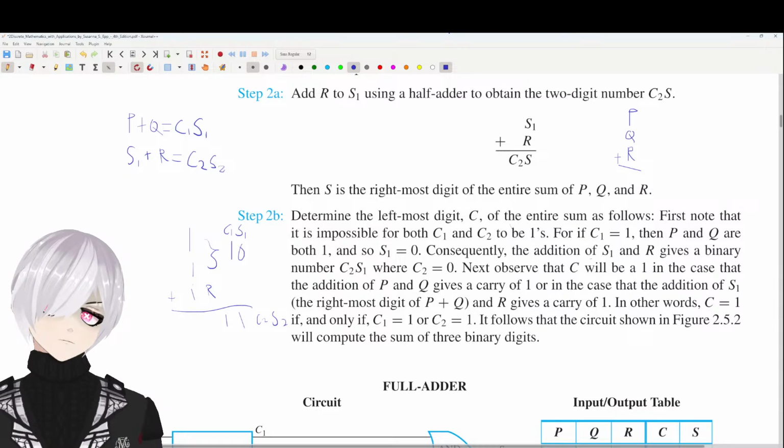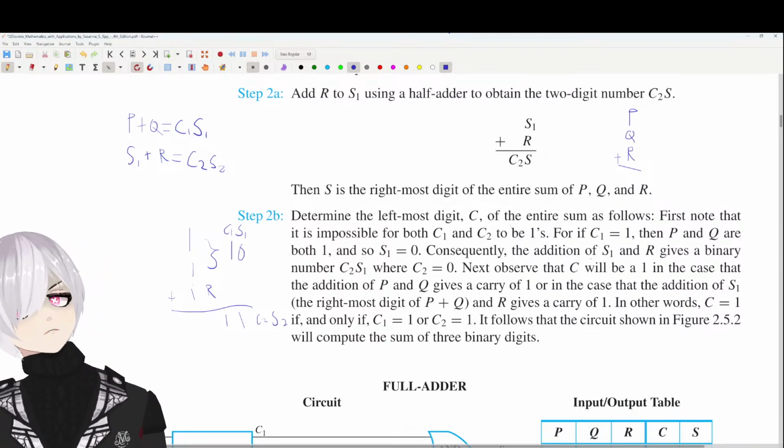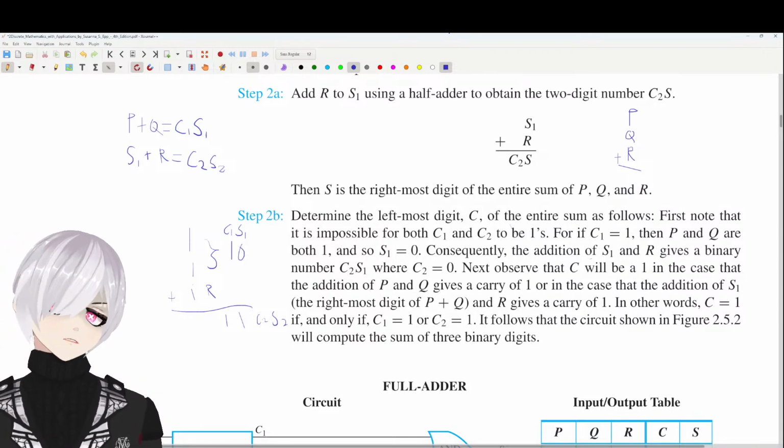So S1 plus R equals C2S. C2S is going to be either 0 or 1. So the leftmost digit, the C2, is going to be 0. You say C2S is going to be 0 or 1?